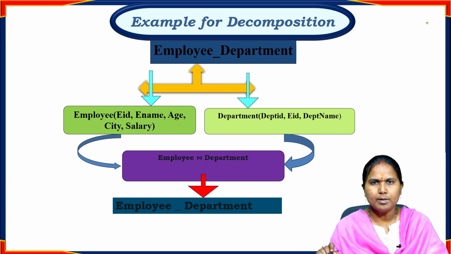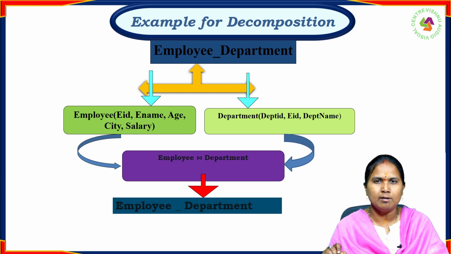At the same time, I have to insert employee also. Suppose in some situations I want to insert employee details, I do not want to enter department details. At that time also we have to insert into both. Why? Employee ID and department ID are made the primary key. The primary key does not allow duplicates and does not allow null values.